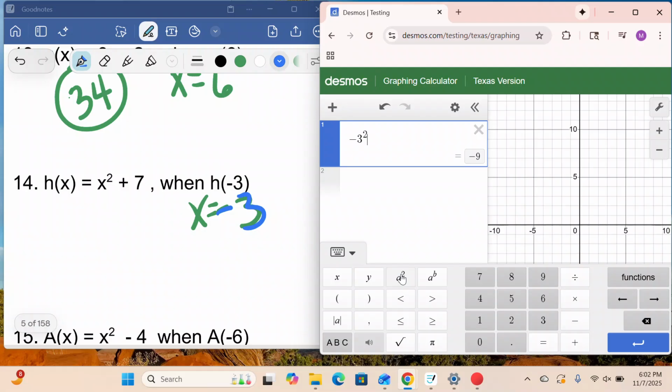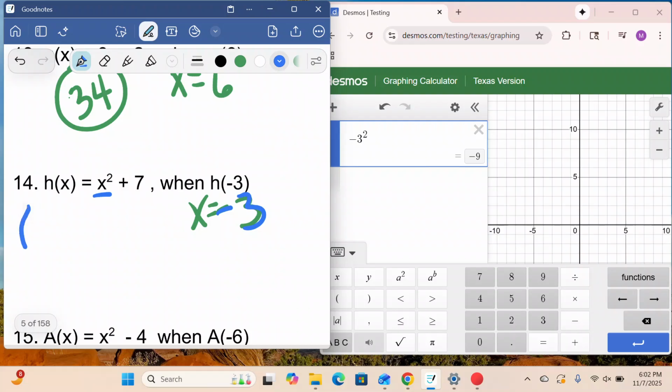Now you have to be very, very careful, because I put it in as negative 3 to the second power. By looking at that, it's telling me my x is negative 3, and I am squaring it. So I should input it as open parentheses, negative 3, close parentheses, squared, plus 7.